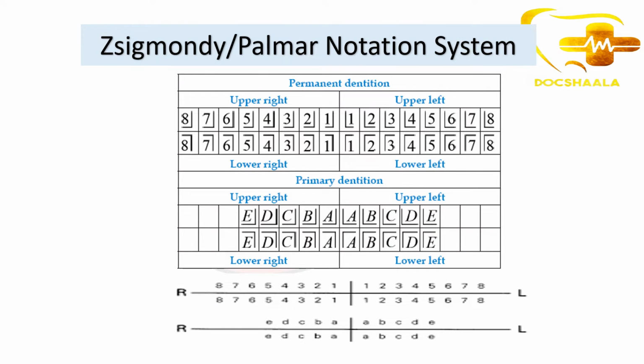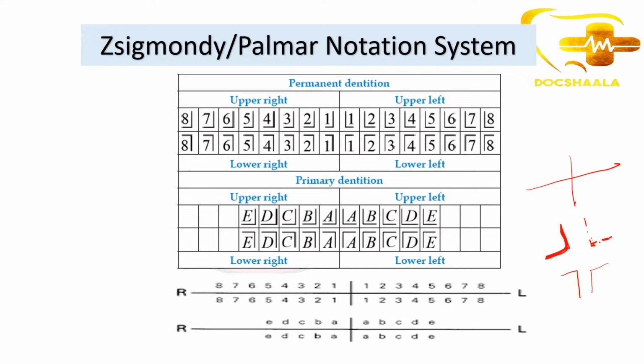This is where we require this symbol. As you can see in this symbol, this one represents upper right quadrant and this one represents upper left quadrant. This one represents lower right quadrant and this one represents lower left quadrant.